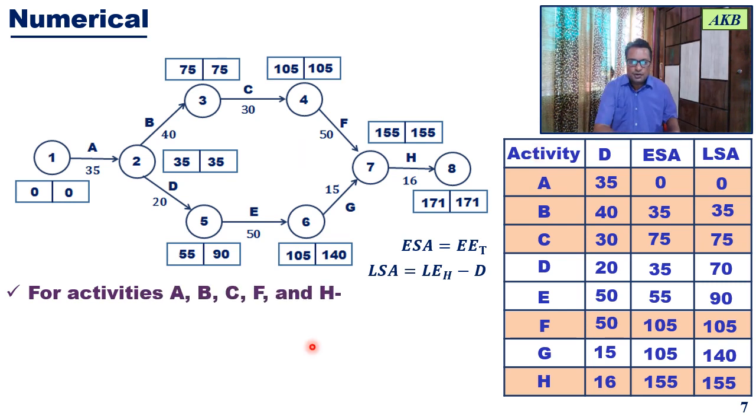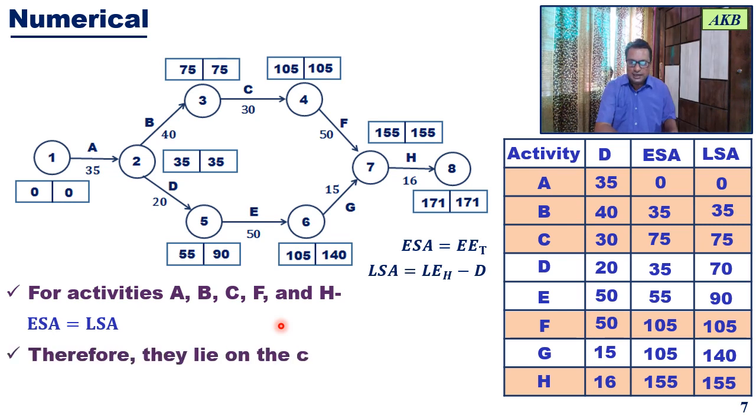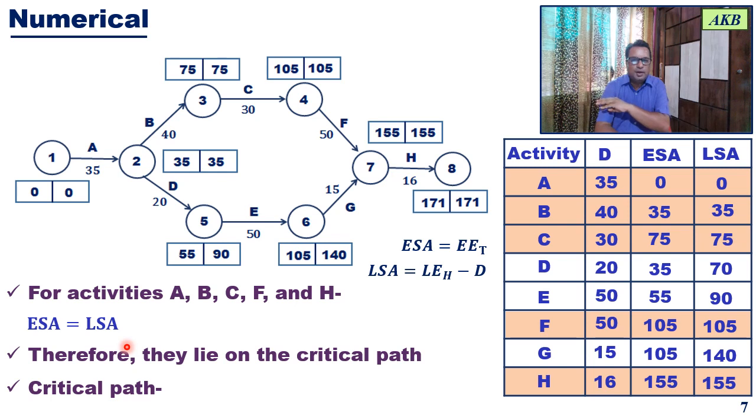Okay, so for activities A, B, C, F and H, for these 5 activities, what is the case? The case is earliest start time is equal to latest start time of the activity, and therefore all these activities will lie on the critical path. And if you look at the diagram, the critical path will be again the path which was shown on the previous slide.